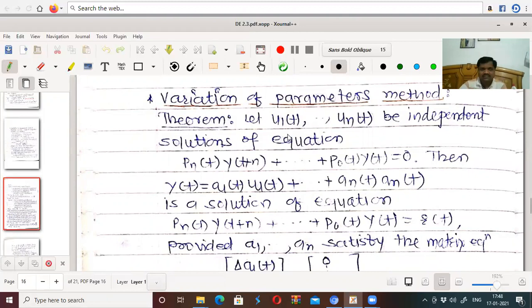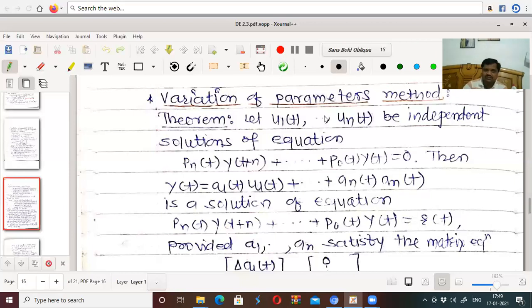So what this method says: if u1 up to un are linearly independent solutions of this homogeneous nth order linear difference equation with variable coefficients, then the solution of the linear non-homogeneous difference equation with variable coefficients is given by y(t) equal to a1(t) u1(t) plus a2(t) u2(t) plus up to plus an(t) un(t).